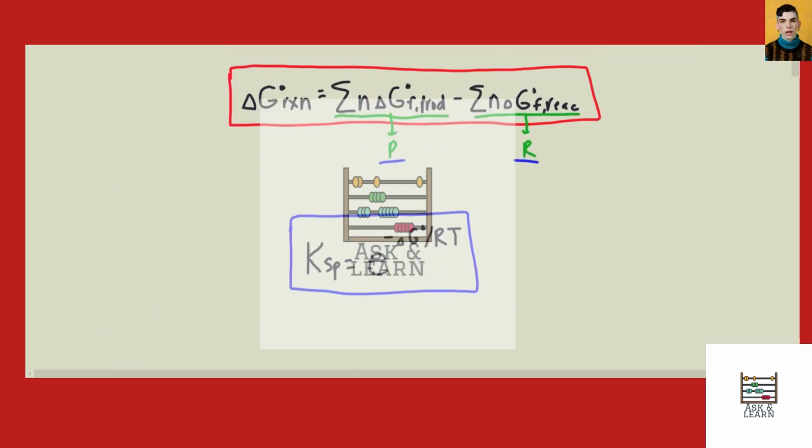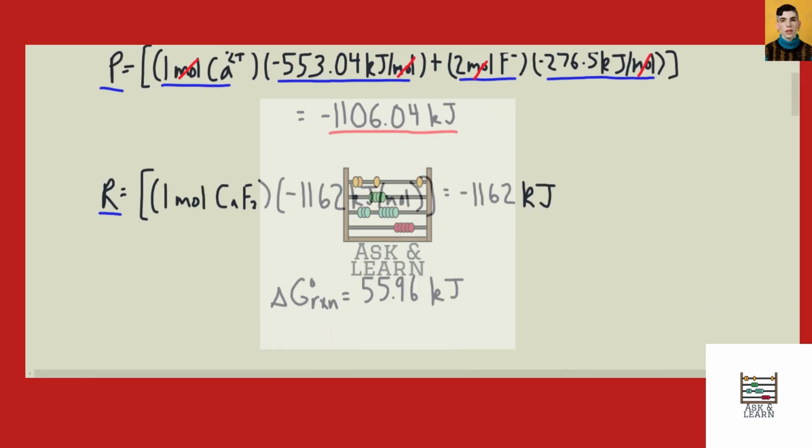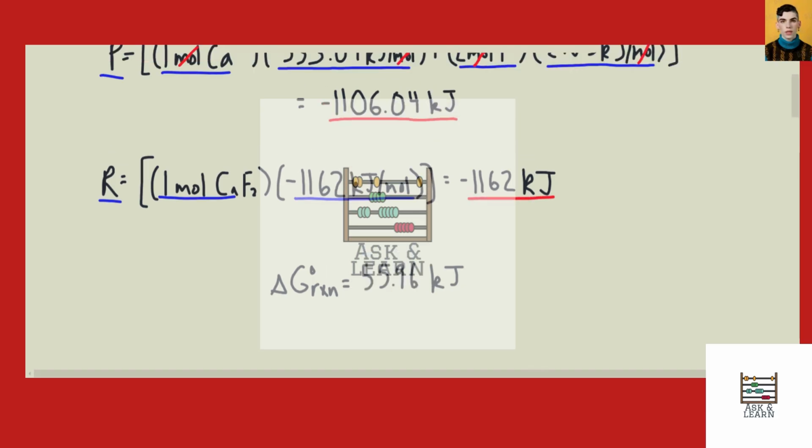And now we do the same for the reactants, and we see we just have 1 mole of CaF2. So 1 mole of CaF2 multiplied by its change in Gibbs free energy of formation at standard conditions gives us the total delta G of the reactants.